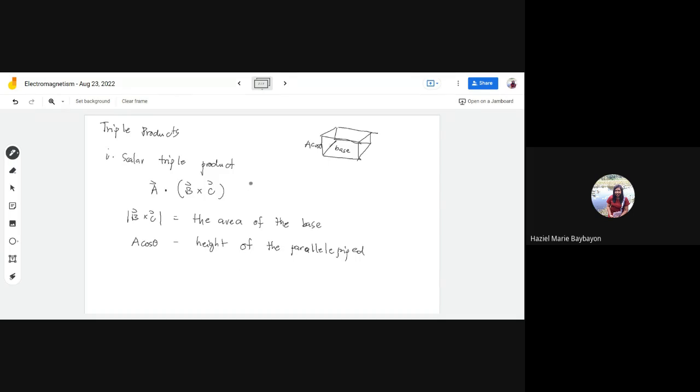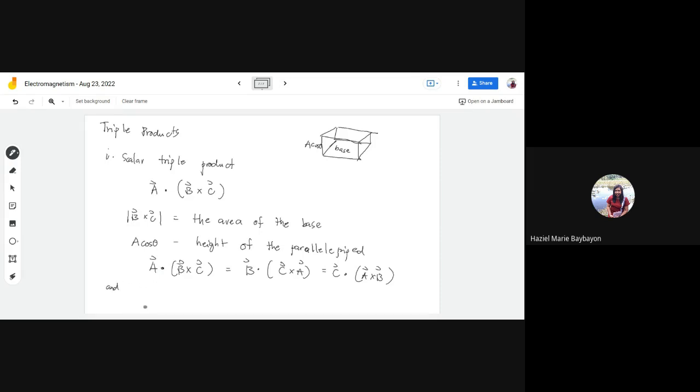So from the definition of the dot product, the scalar triple product A dot B cross C is equal to B dot C cross A, and it is also equal to C dot A cross B. I guess we can show later why this is so.